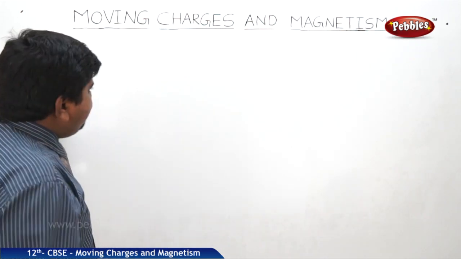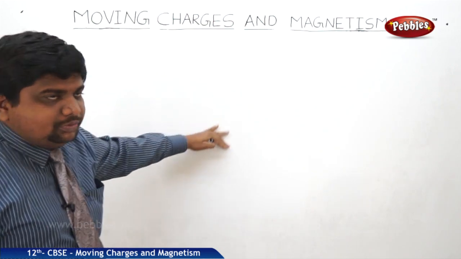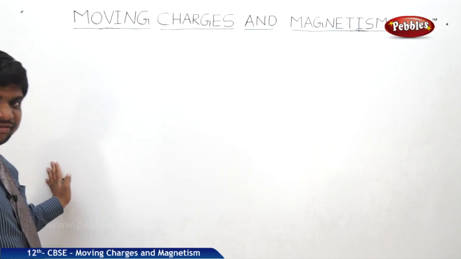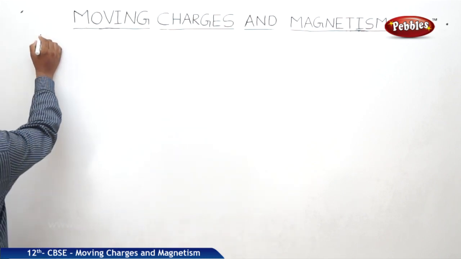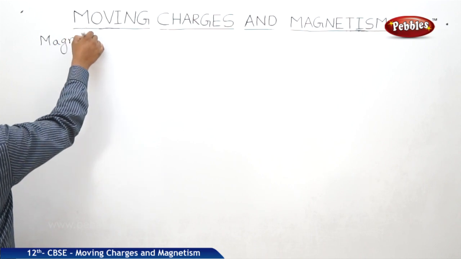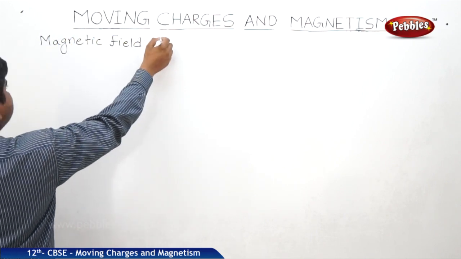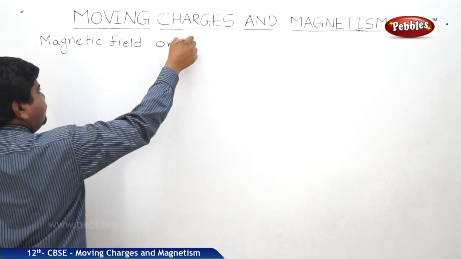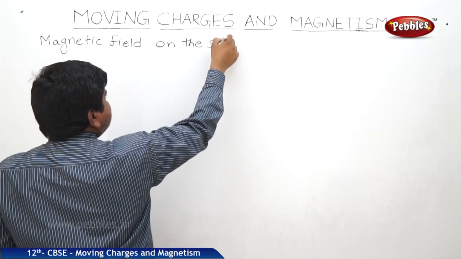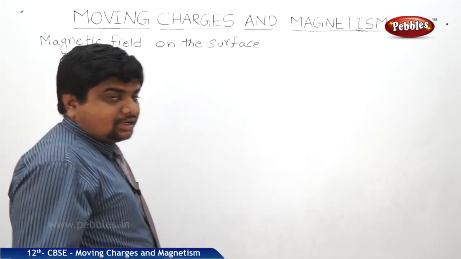Next concept, magnetic field along the axis of a circular current loop, which is almost an application of Biot-Savart's law. Magnetic field on the axis of a circular current carrying loop.